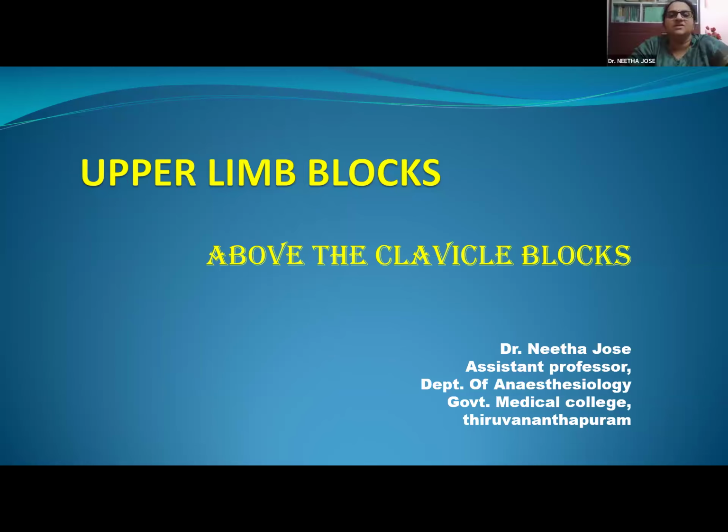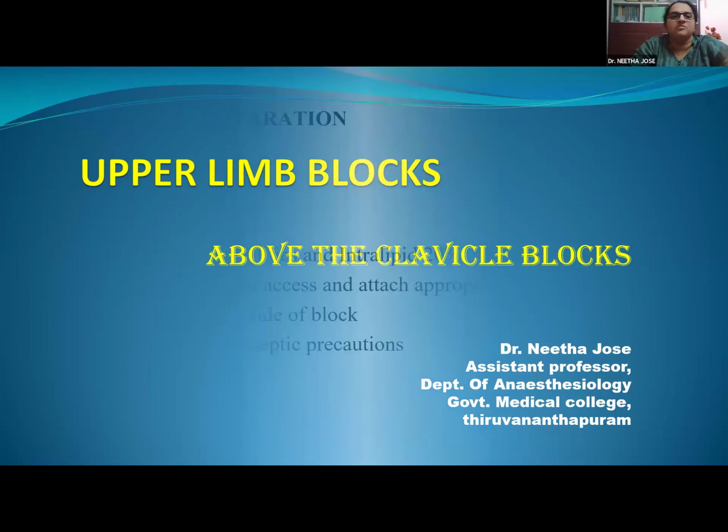Good evening, all. I'm Dr. Neetha. First of all, I would like to thank Meenakshi sir, Sajeesh sir, and the ISA Puthukkottai for giving me this opportunity. I'm going to deal with the above clavicle ultrasound guided nerve blocks. Before any block, you should do some preparations. That is pre-block preparation.